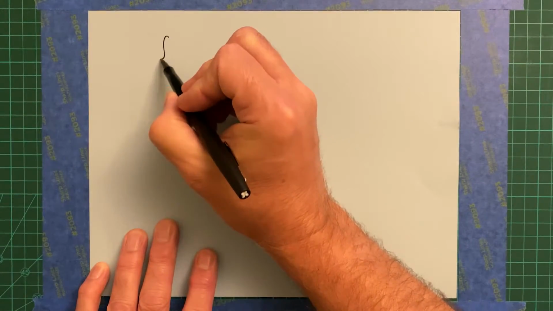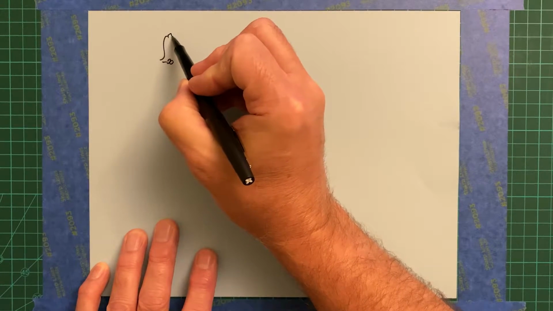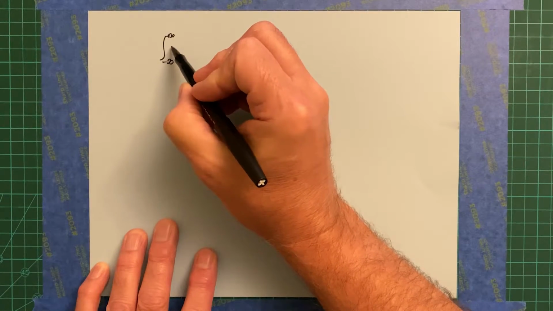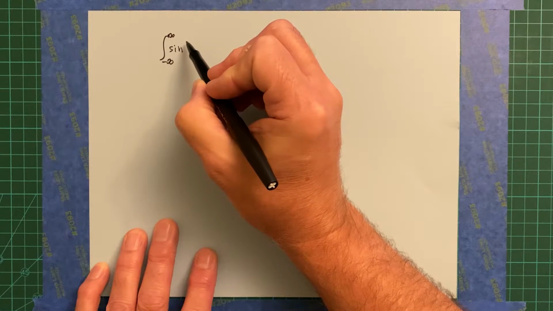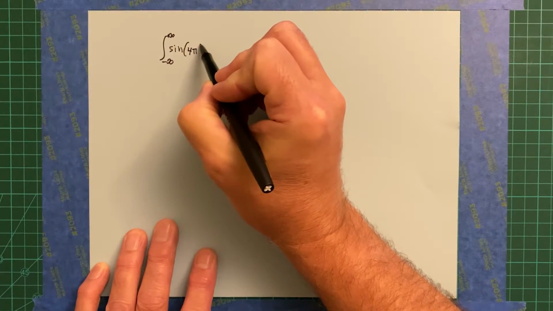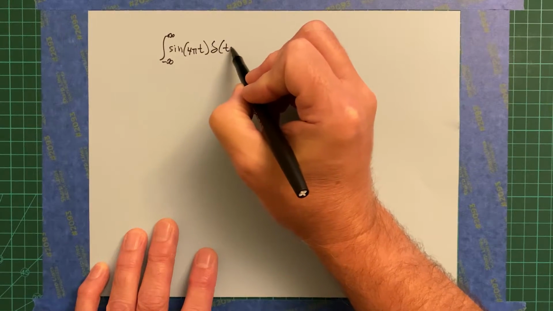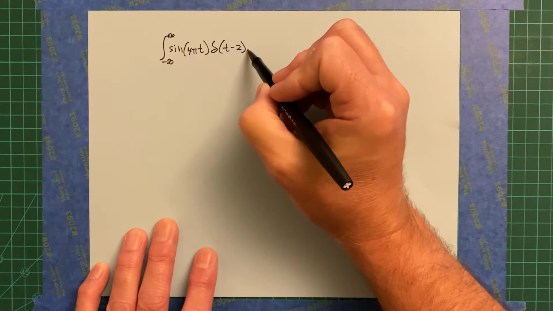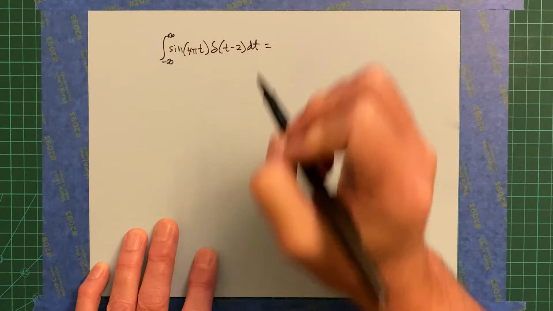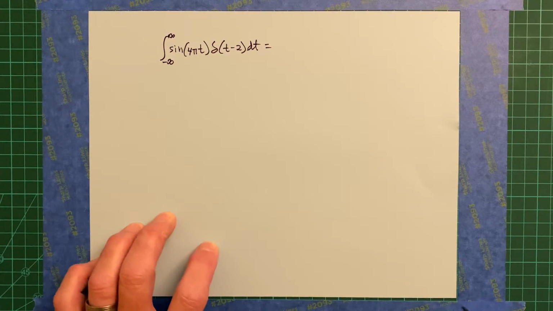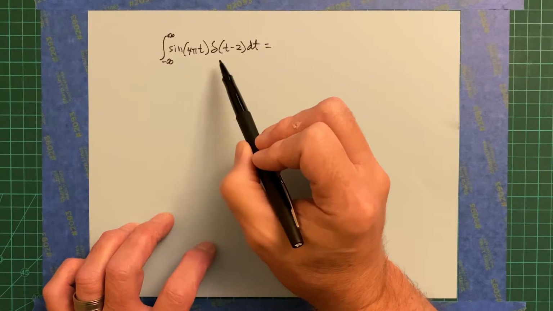So let's say we go from negative infinity to infinity of sine 4 pi t times the impulse delta of t minus 2, dt. Okay, what is that? Well, this is a sifting function now.